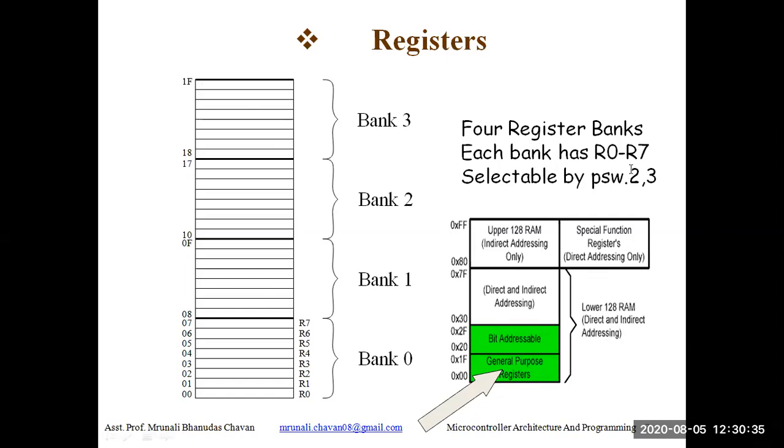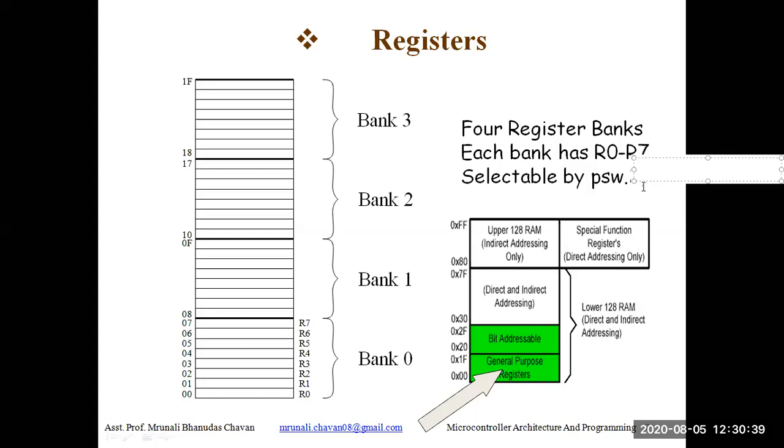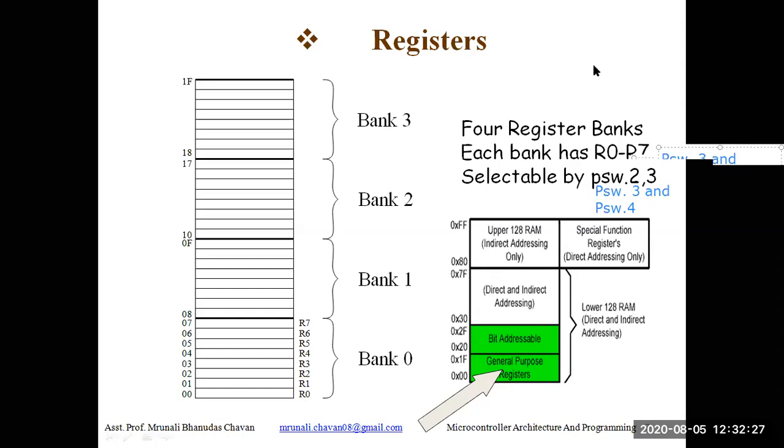One correction: it is PSW.3 and PSW.4, not PSW.2 and PSW.3. You can see the register PSW.3 and PSW.4. These two bits are for bank selection.